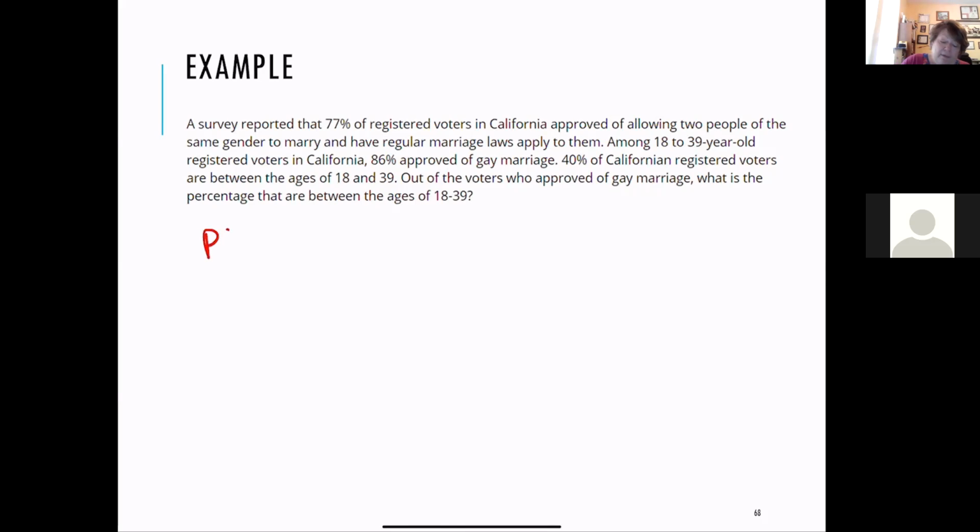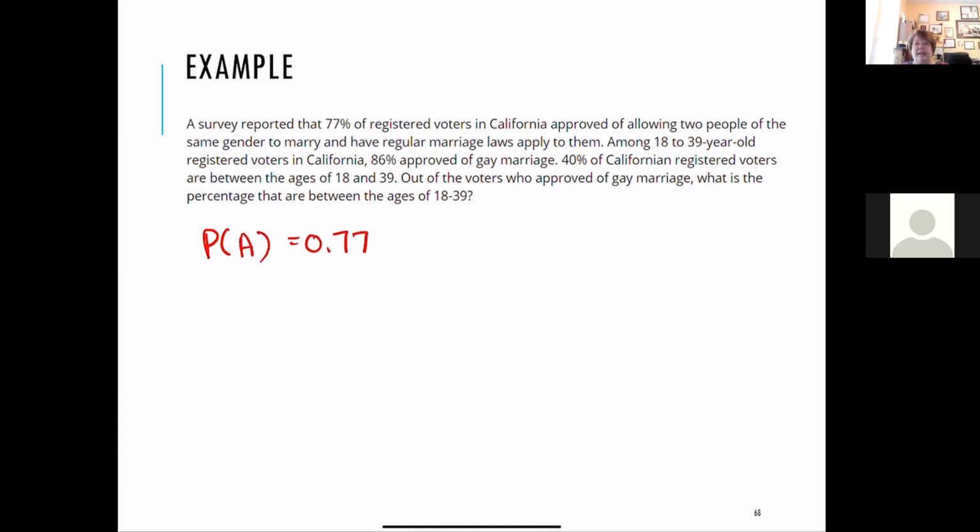If I go to California, take the whole population of voters, and randomly pick one, then 77% of the time I'll get somebody who approves. So that's 0.77.